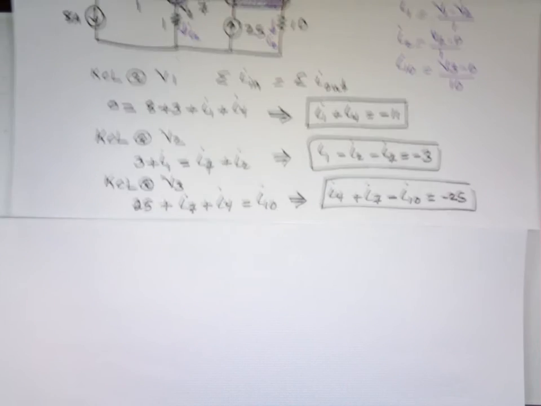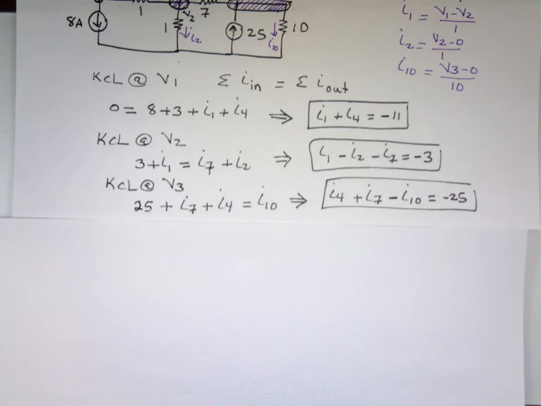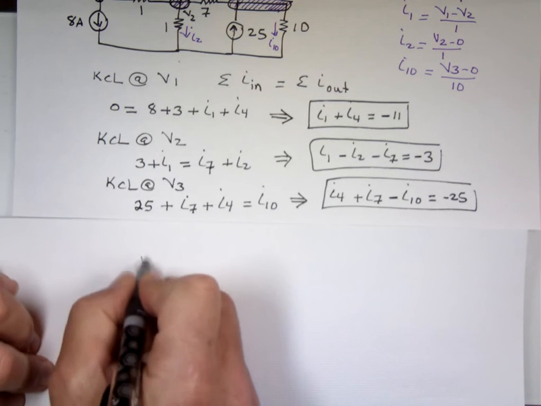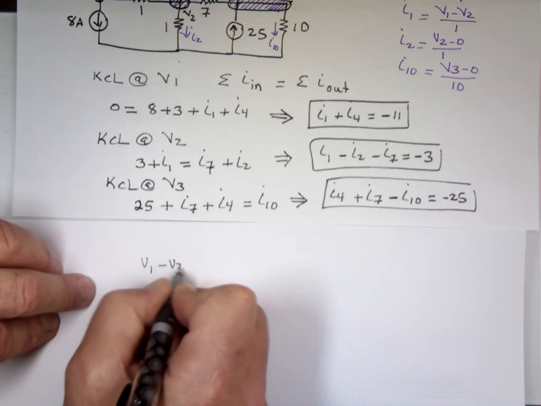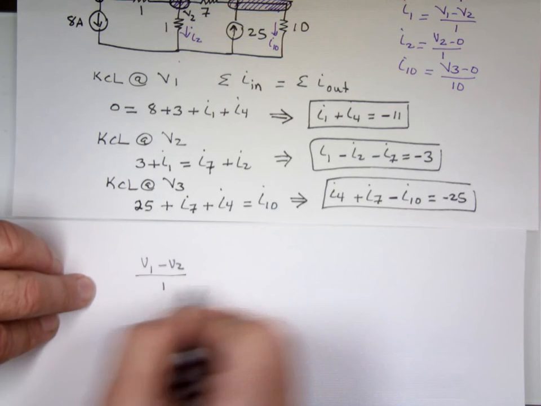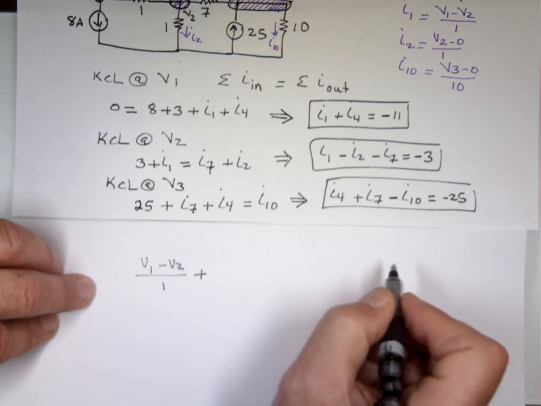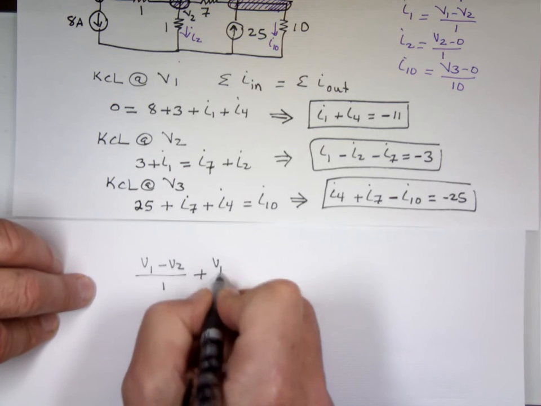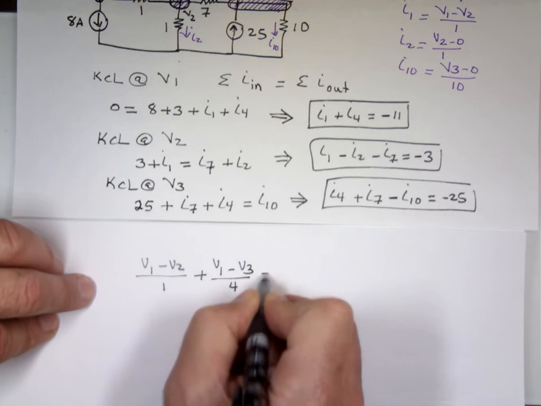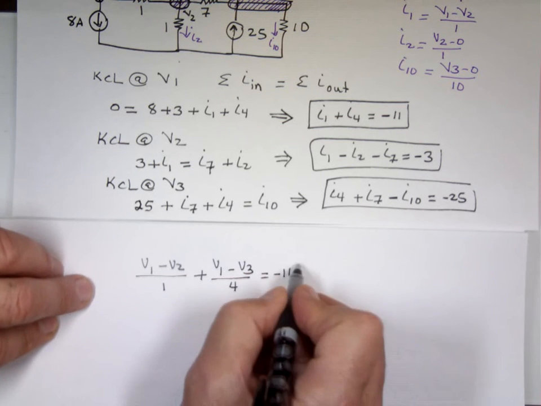So instead of I sub 1, I'm going to write V1 minus V2 over 1. I don't have to put over 1, but here we go. Plus I sub 4, which is V1 minus V3 over 4, equals negative 11. What's my LCD here? 4.